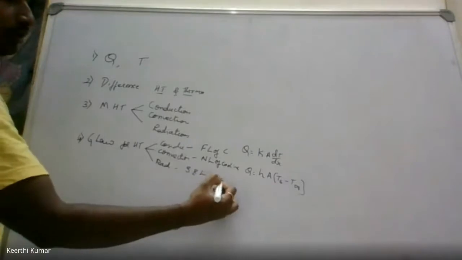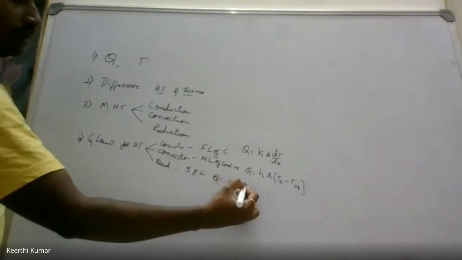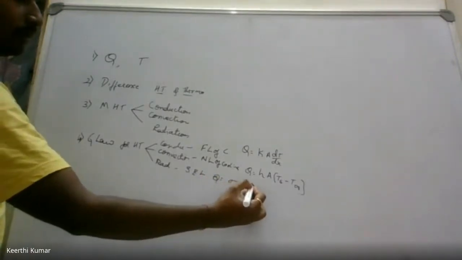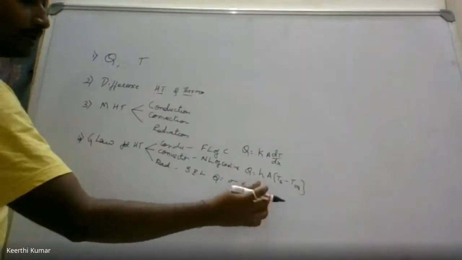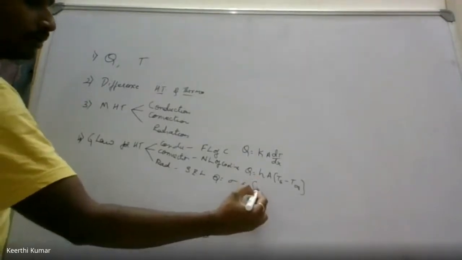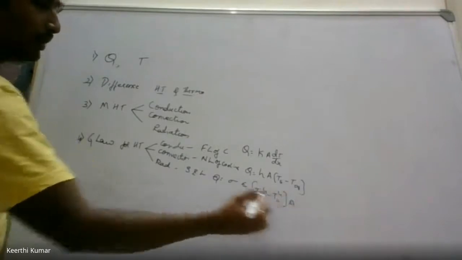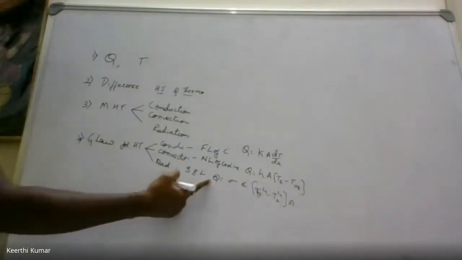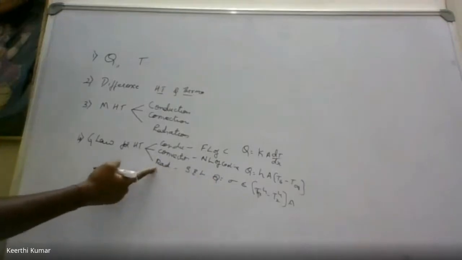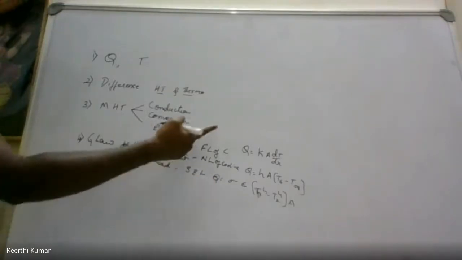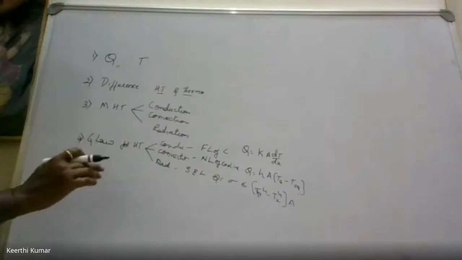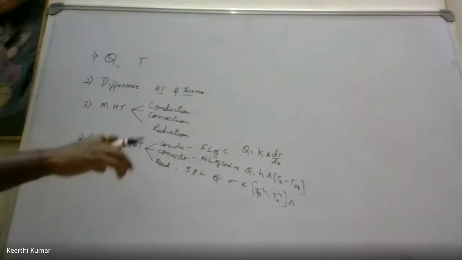And Q is equal to sigma epsilon A (T1 to the power of 4 minus T2 to the power of 4). This is the Stefan-Boltzmann governing equation for radiation. We are going to solve problems based on those three, basically a combination of any two or all three.